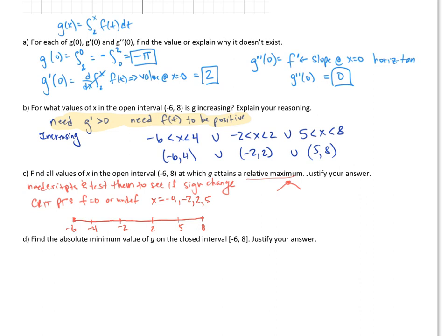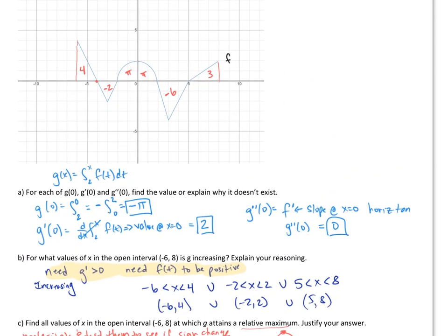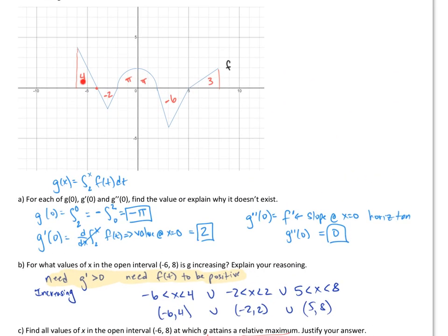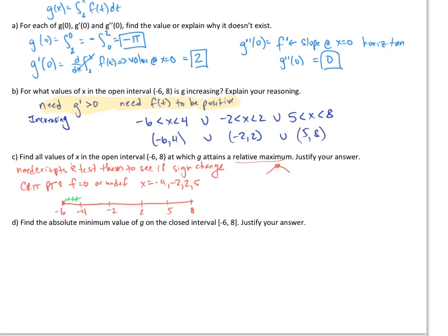So I test the region right between -6 and -4. It is above the axes, so those are positives. Again, it is above the axes right here. Then we go below, then we go above and stay above, then over here below and back above. So I'm going to indicate all that in this.